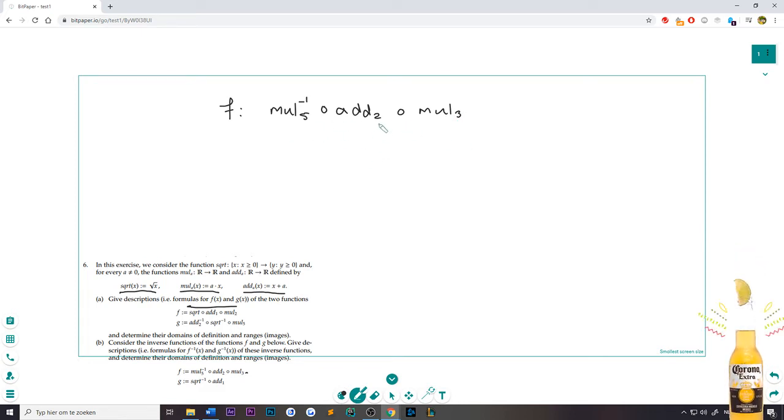If we want to inverse this, we inverse the order in which we perform the steps, but we also inverse the steps themselves. So f inverse is multiply 3 inverse, add 2 inverse, multiply 5 inverse, but it's already inverse, so that becomes the normal multiply by 5.